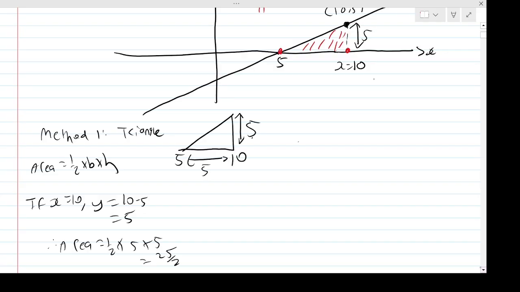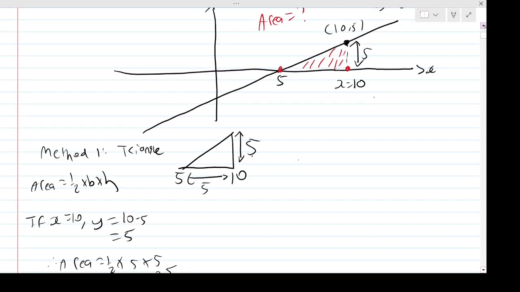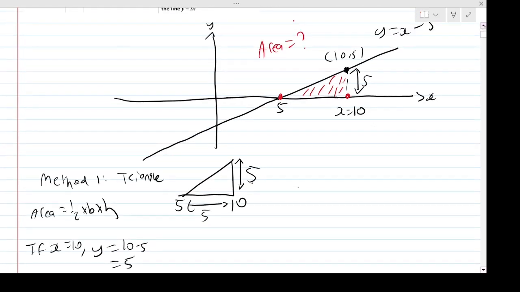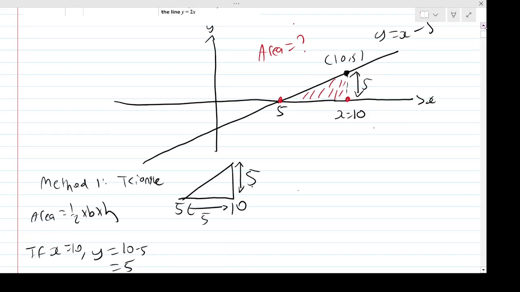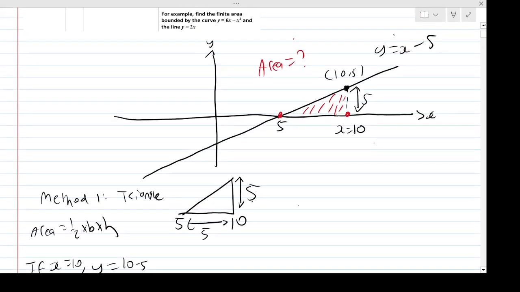So we can use triangles to work out areas under straight lines. But actually, a straight line is still a curve, really. Obviously, it's not curved in the sense of a quadratic curve or anything like that, but it's still a function that we graph.